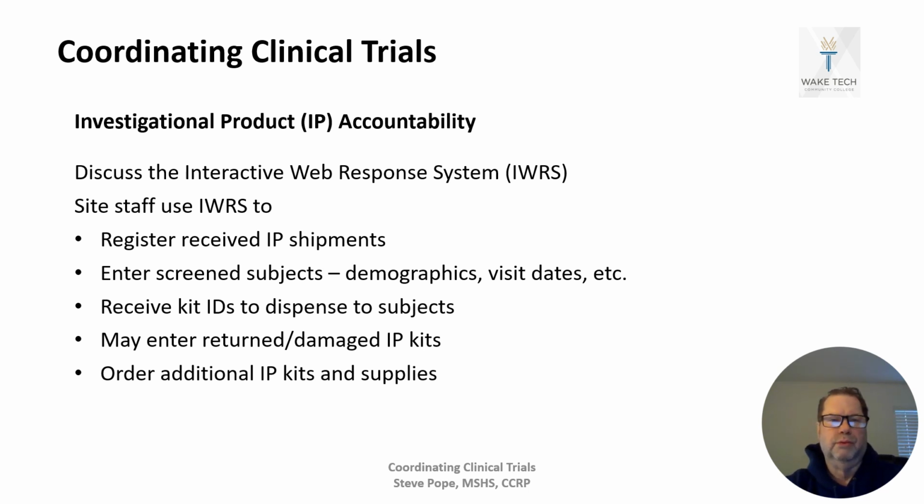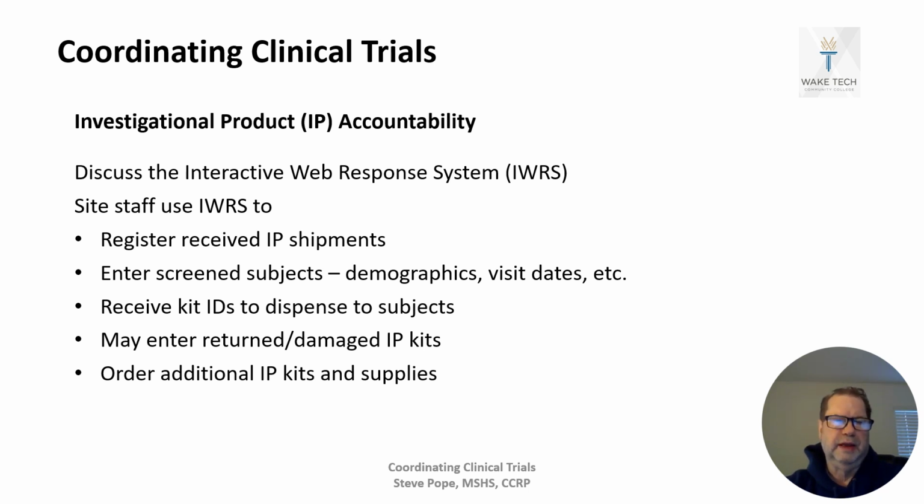They're going to register that in the IWRS system, and then the sponsor is going to get notified that the IP has been received and acknowledged in IWRS. Then you'll enter the screened subjects, the demographic data, and whatever the first screen visit date is, it should automatically populate the additional visits once you enter that.